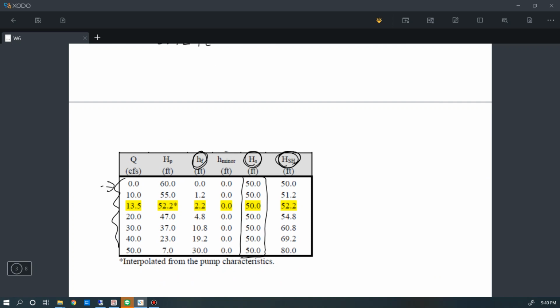Okay. So just to remind you how to calculate the friction head loss.